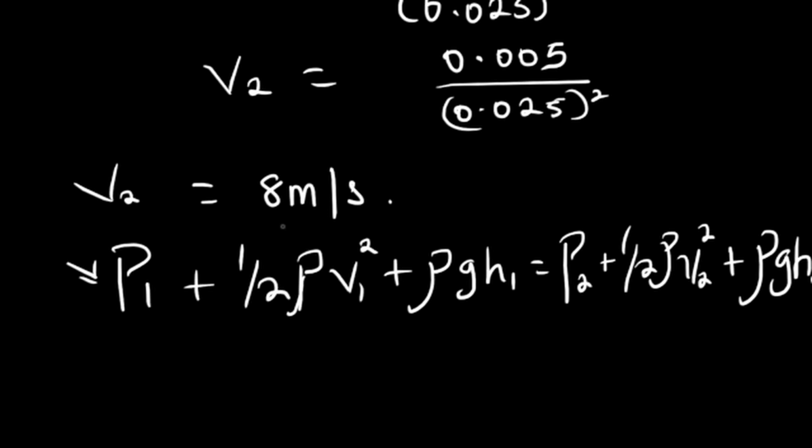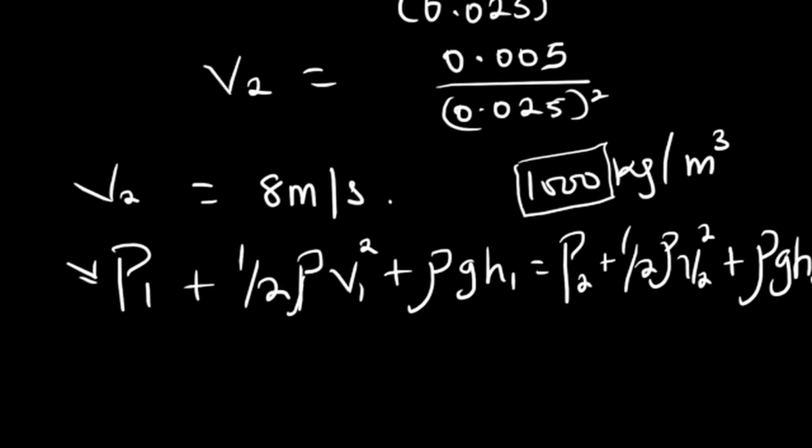The density of water is known to be 1000 kilograms per cubic meter, and whenever we see density, we're going to replace it with this very value 1000. Assuming the fluid were not water, you will still be given the density of that fluid.